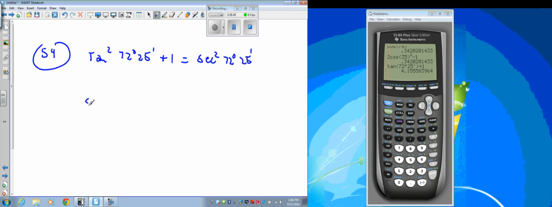So secant squared 72 degrees 25 minutes is 1 over cosine squared 72 degrees 25 minutes.